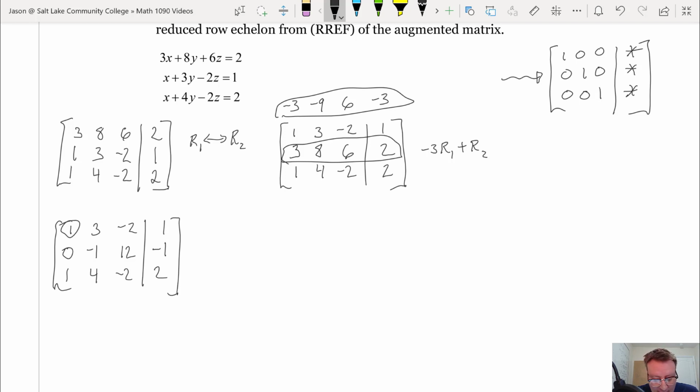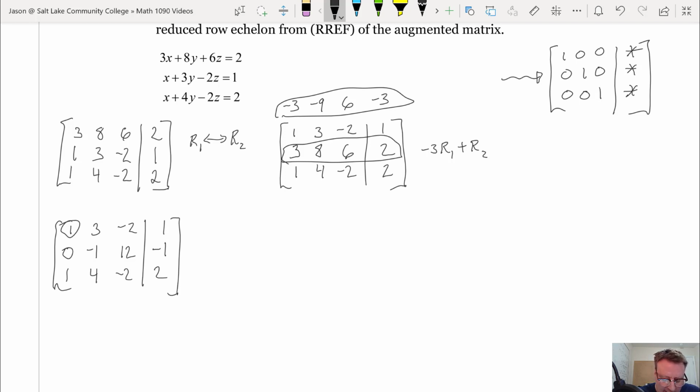If I use this row above to clear out this 4, I'm going to be spinning my wheels. I won't be making progress on transforming this matrix into reduced row echelon form. So it's very important that I clear this 1 out first.